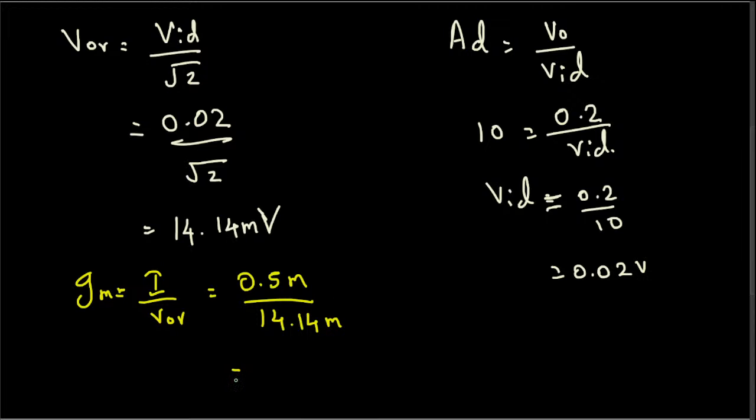If you plug this in and calculate, you're going to get 35.36 milliamperes per volt.